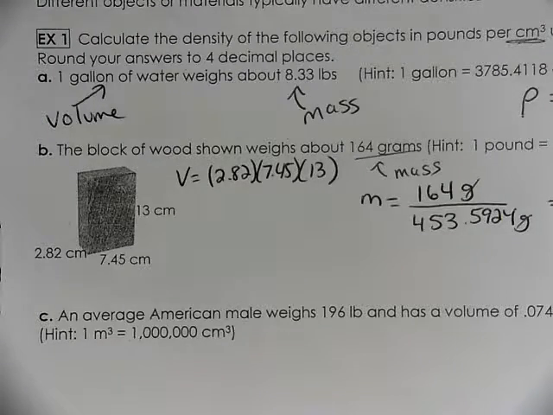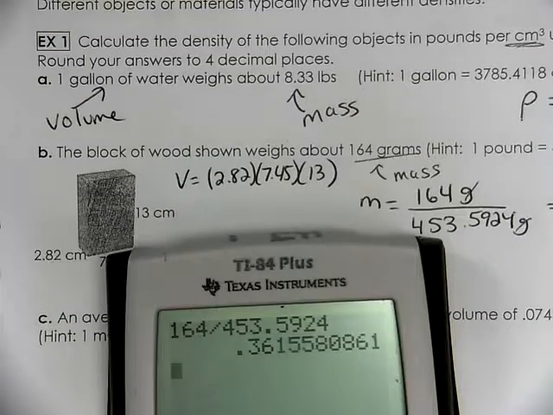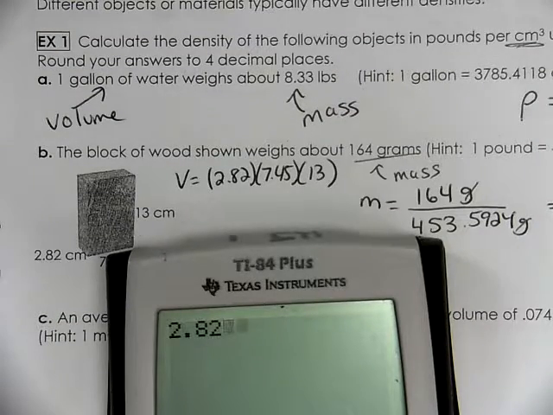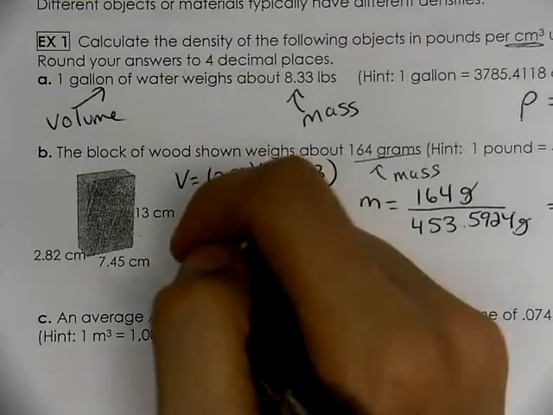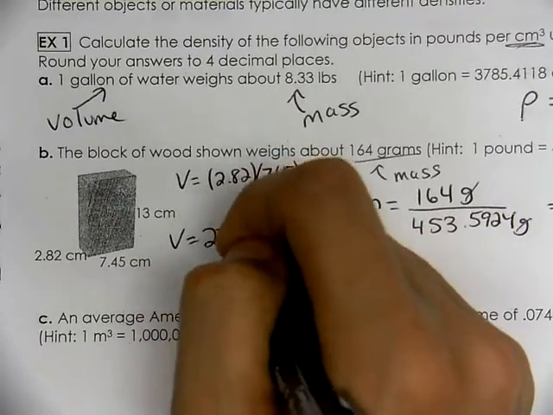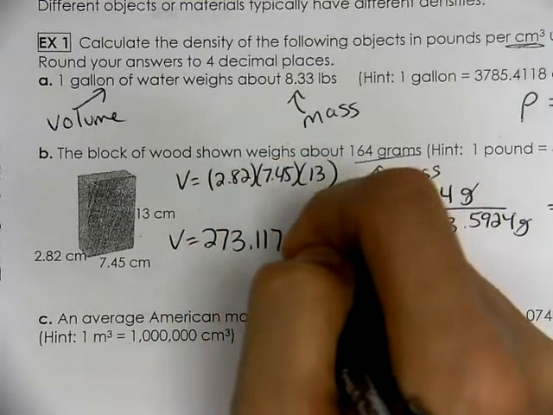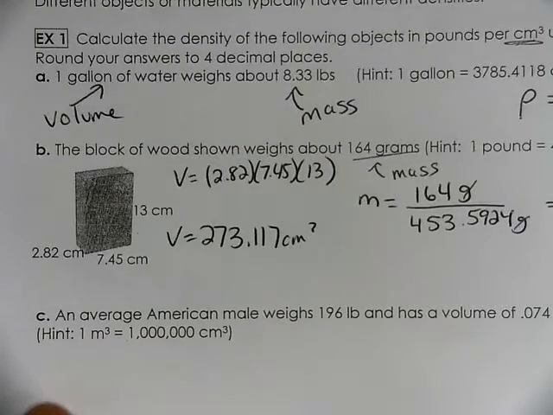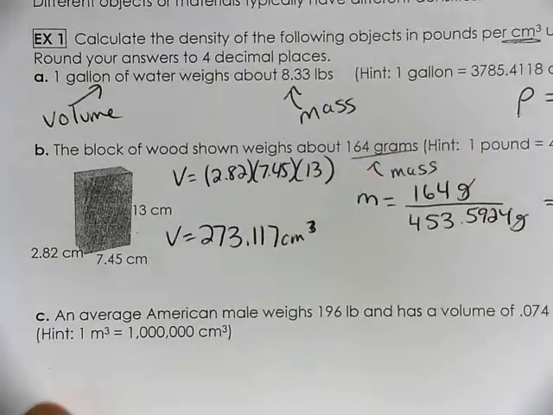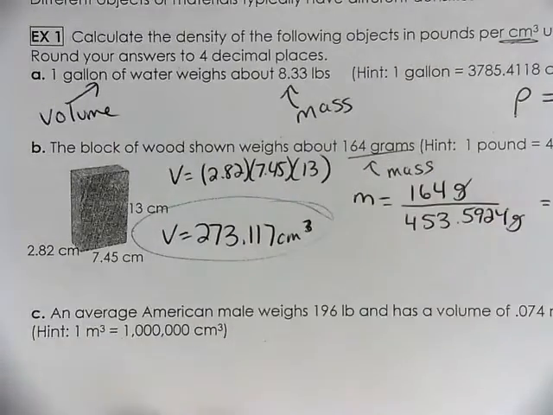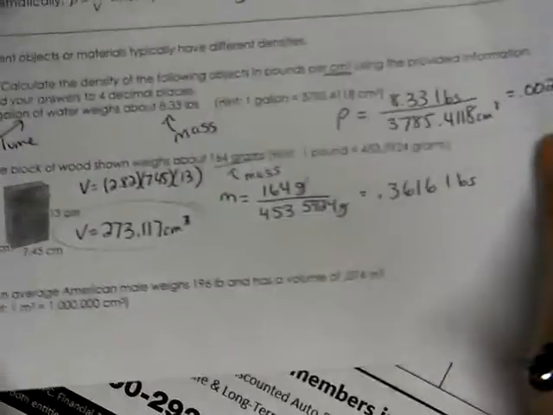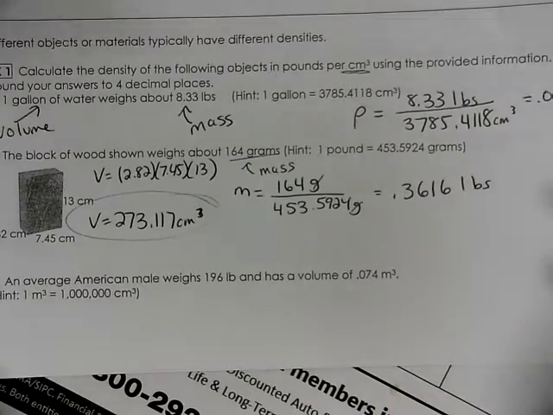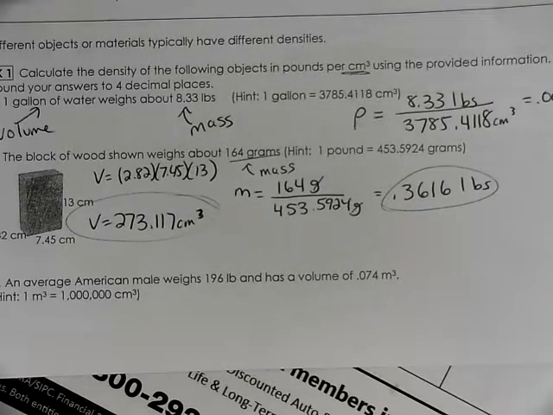That's all you've got to do. 273.117 centimeters cubed. Now I'm going to take this number and this number, and I'm going to find the density of the wood.